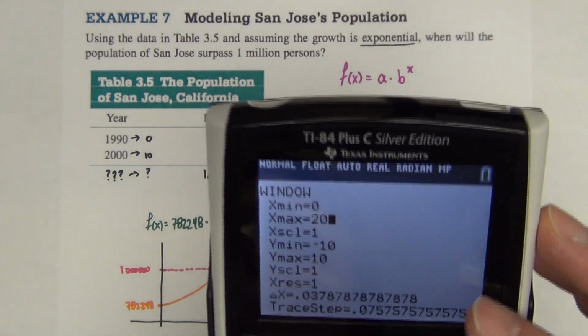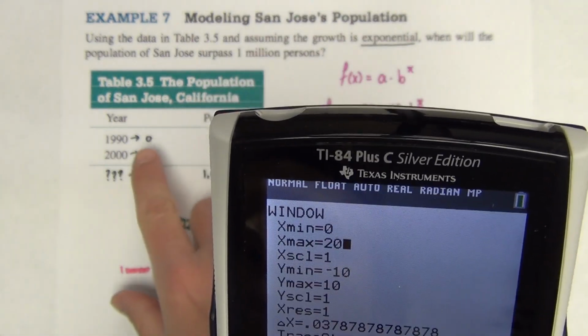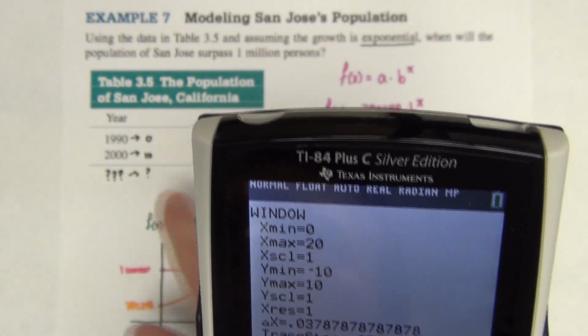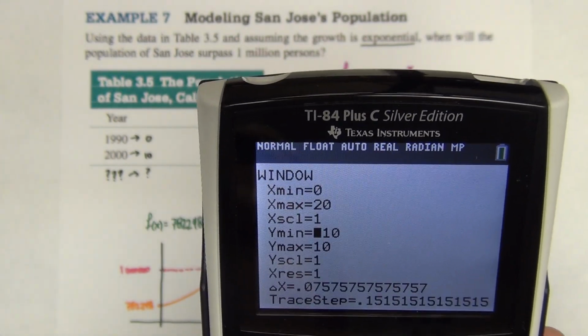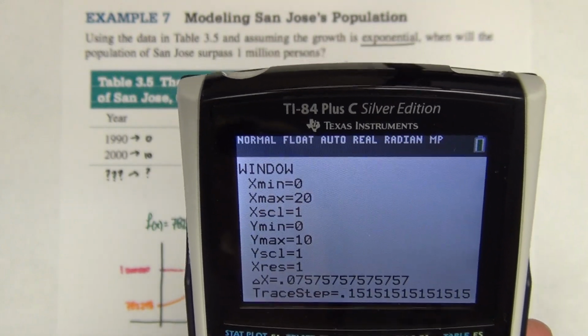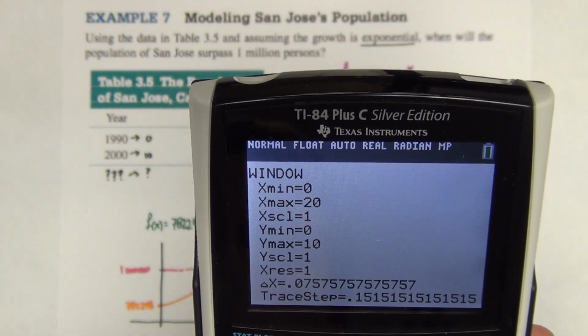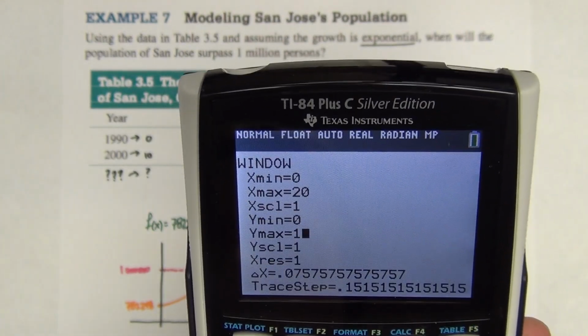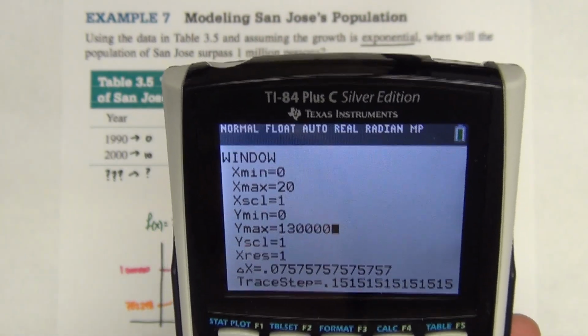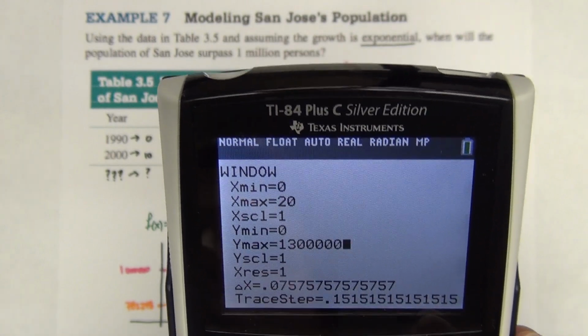So that's 0 years, which was 1990, to 20 years, just kind of guessing. And for my y values, I'm going to start at 0, because that would be a population of 0. And I need to go to a population that's greater than 1 million, so I'm going to go with 1,300,000. I'm going to hit graph.